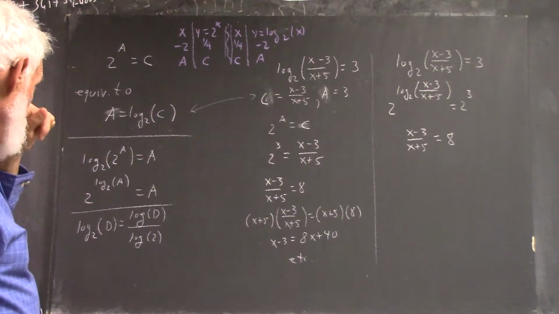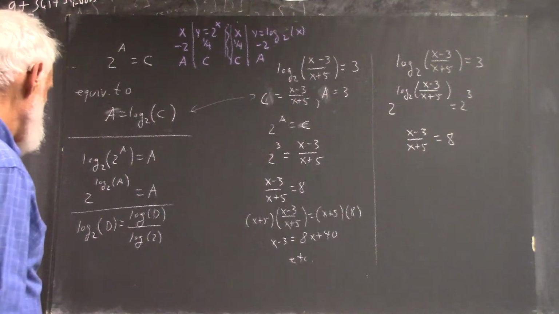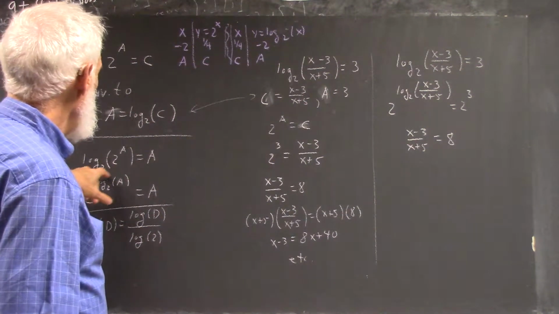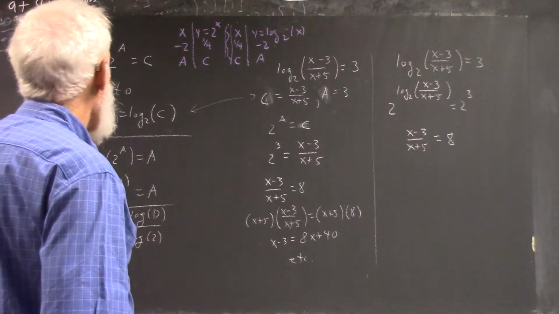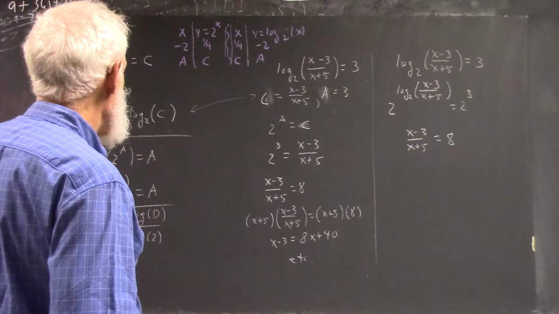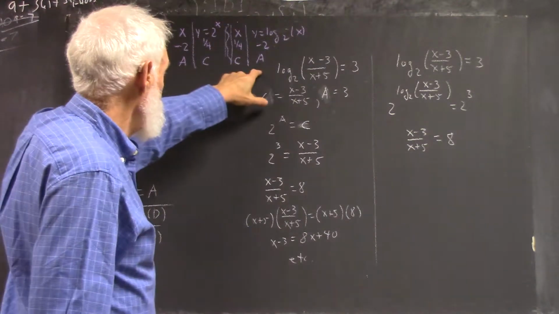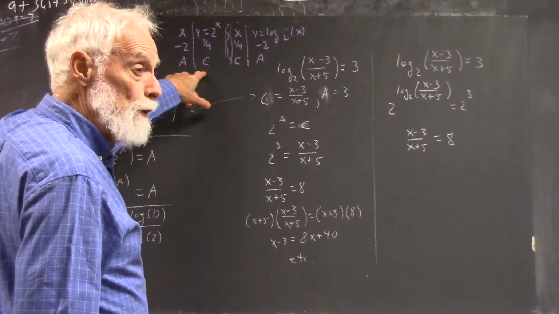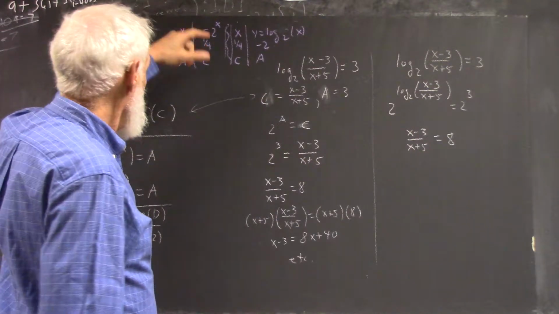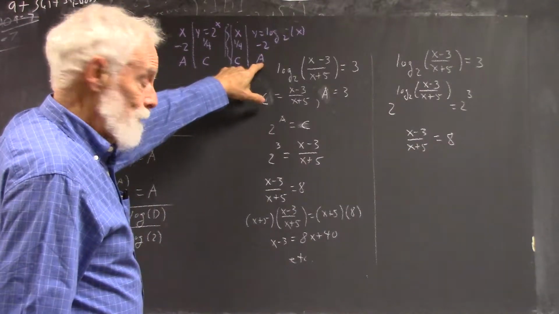Okay? Also, log base 2 of 2 to the a equals a. And of course we just see that from the, here's 2 to the a, and here's log base 2 of 2 to the a.